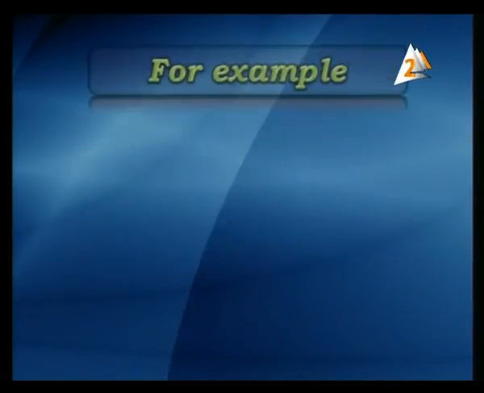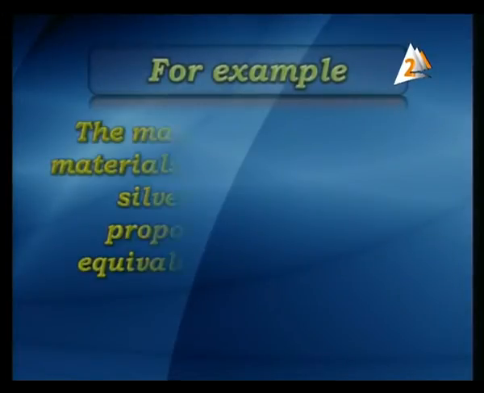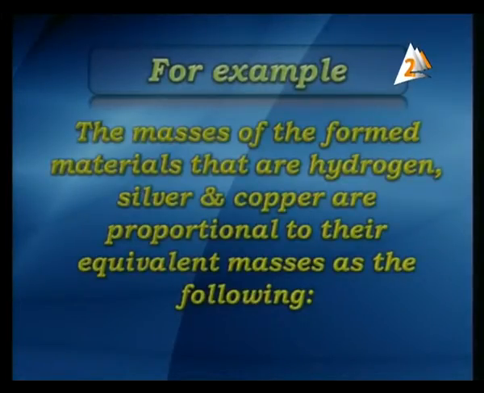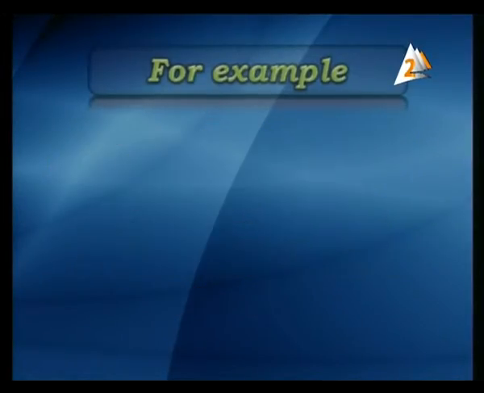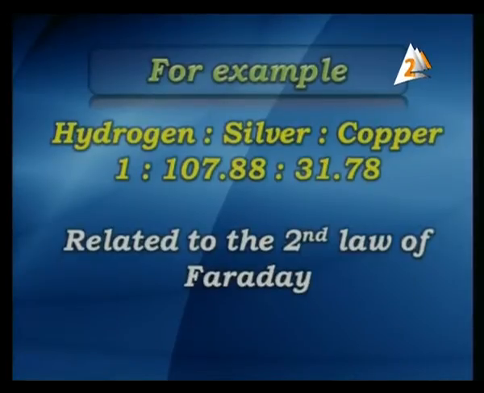This depends on that. For example, we have the masses of the formed materials that are hydrogen, silver, and copper, which we saw in the video. They are proportional to their equivalent masses as follows.